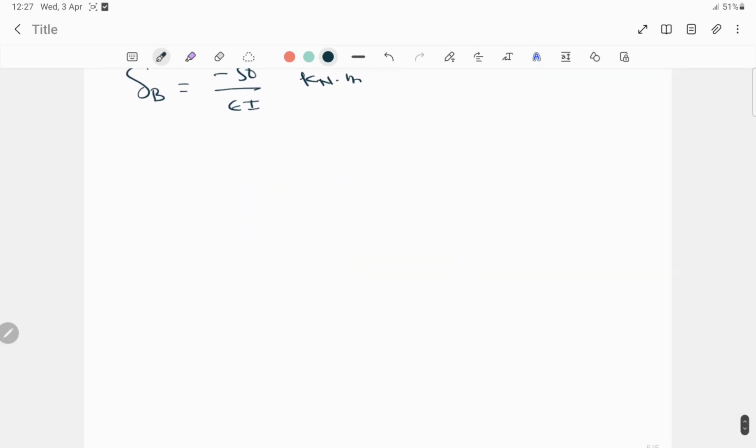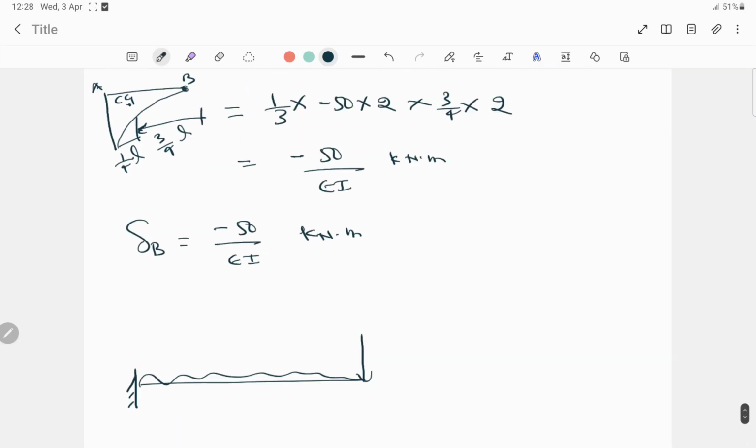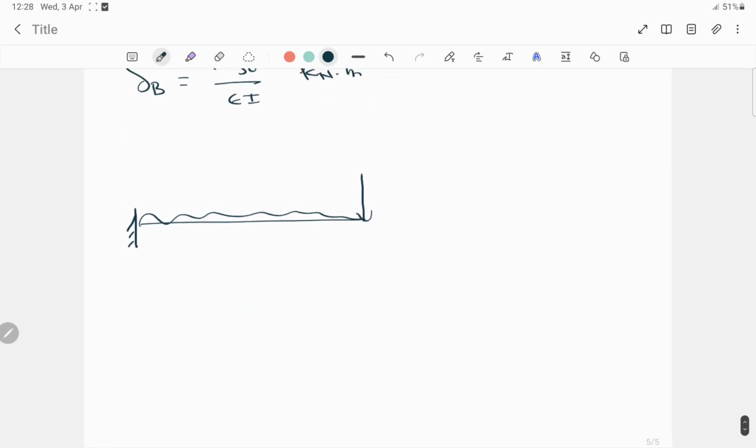Now I'll draw the elastic curve diagram here. Our question was like this: a UDL was acting, and at the last a point load was acting. Point load of how much? It was 15 kilonewton and a UDL of 10 kilonewton per meter over 2 meter. This was our question.